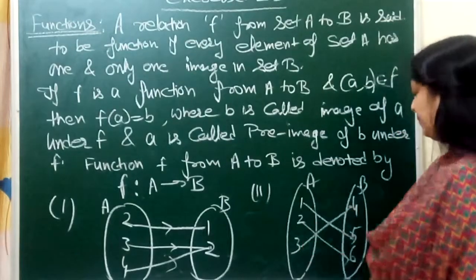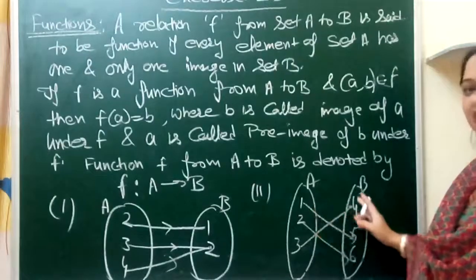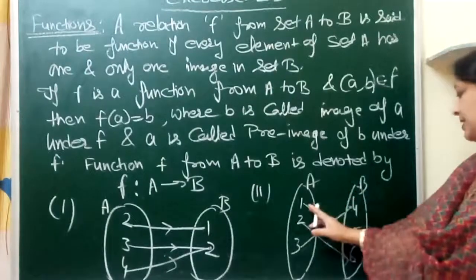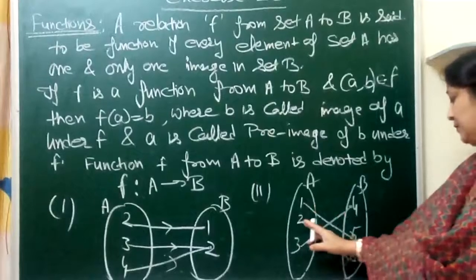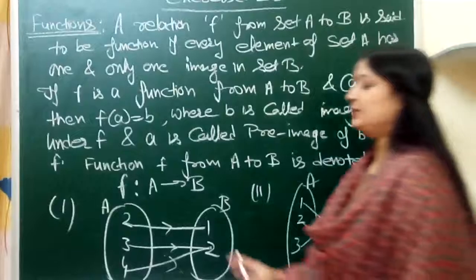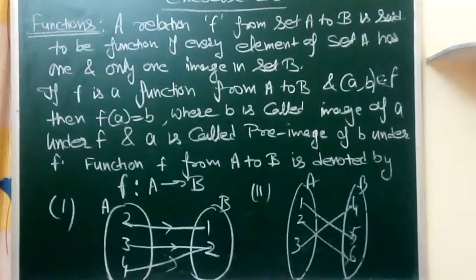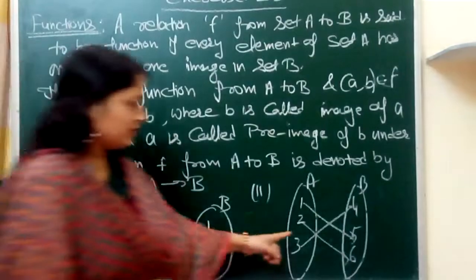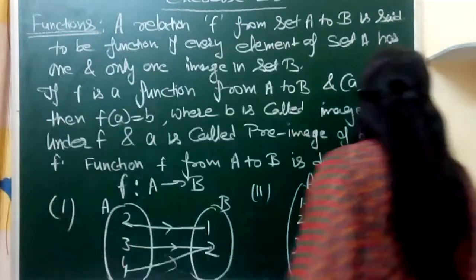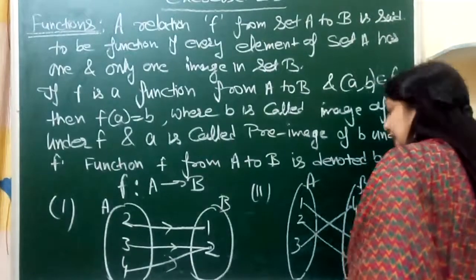Every element of set A has an image in set B, and no element in set A has more than one image. So this is also a function. The second case is a function, and the first one is also a function.